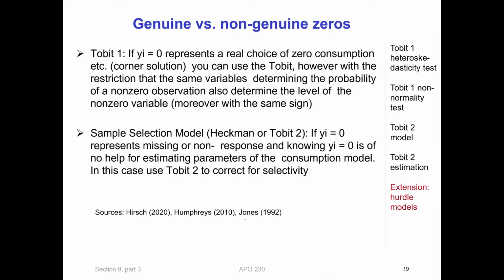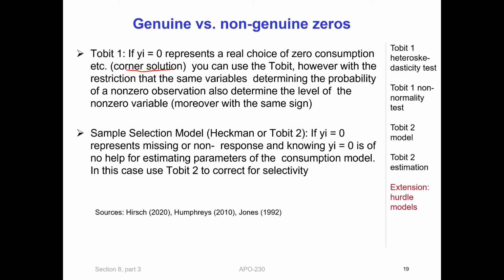Let's start first with two models that we have been through, the Tobit 1 and the Tobit 2. So Tobit 1 obviously was one for a real choice of zero consumption. We have seen that from the utility maximization motivation example already, right? So it's particularly for corner solution zero.